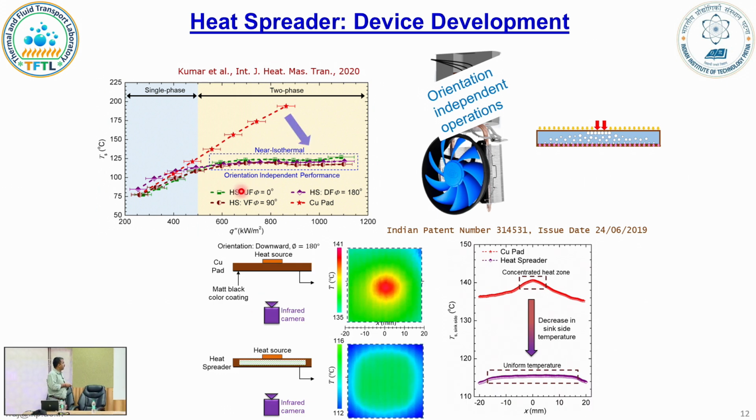So what I am plotting here is the heat flux you can dissipate versus the temperature, and please note there are two regions. This is the region where boiling hasn't kicked in. So there is no advantage of this mechanism until you are in the boiling regime. So it has to happen above 100 degrees centigrade, so to speak. But once you go into the two-phase regime, we also have the baseline copper block of the same thickness.